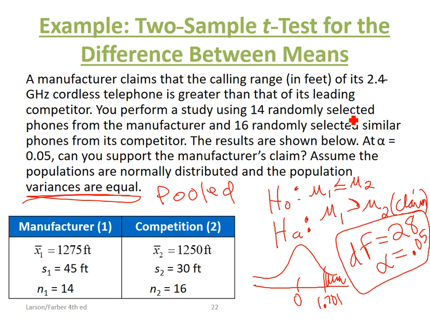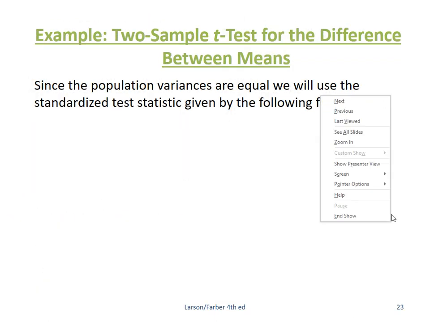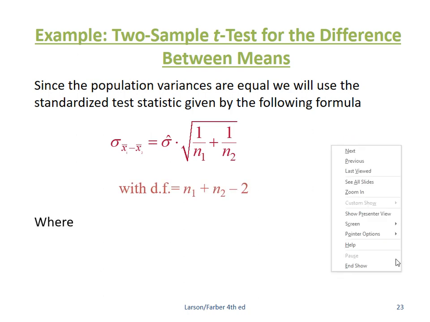Right-tailed, type that in there. Then pooled or not pooled? They are pooled, so yes. It equals, and then it's going to tell you what T is. Keep that T around so that we know what it is while I get through all this other stuff.